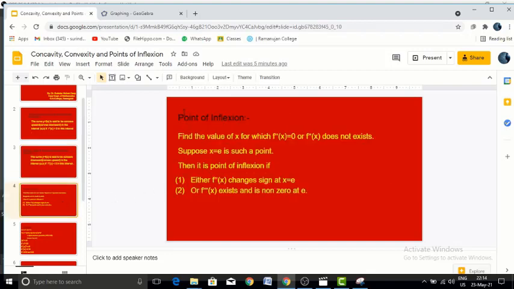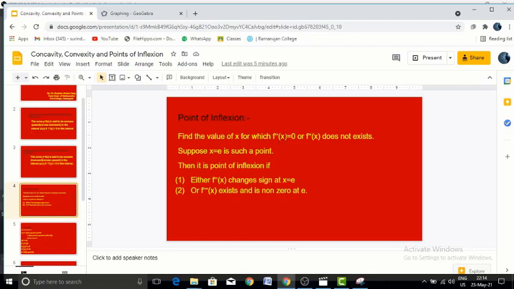Next, point of inflection. We have to find the value of x for which the double derivative of f(x) is 0 or the double derivative of f(x) does not exist. To make it clear, either the double derivative is 0 or f''(x) does not exist. Suppose x equal to e is such a point.